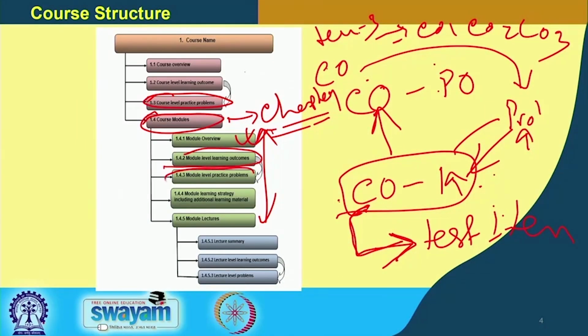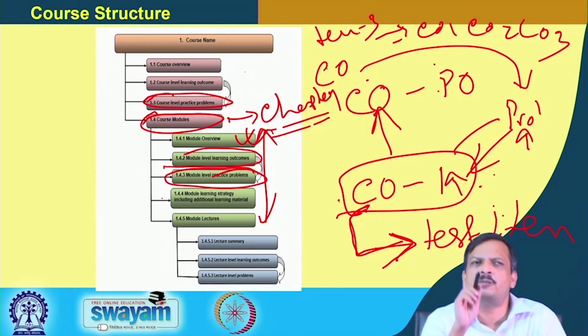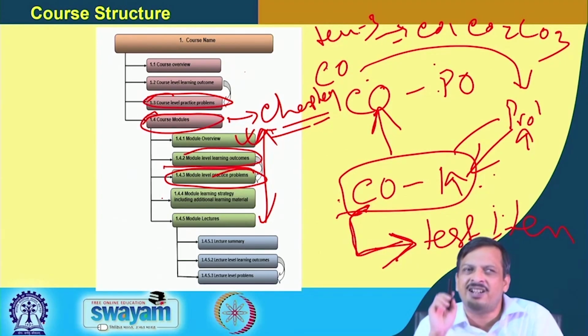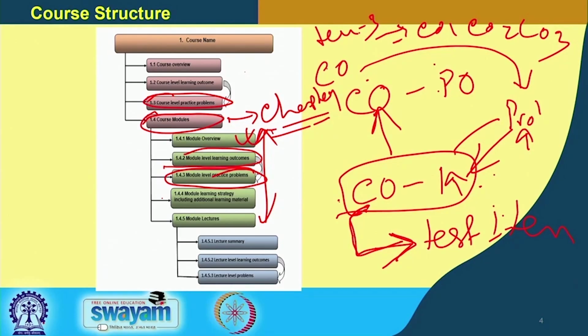Then module level practice problem. When you write an outcome, there must be an associated problem by which a learner can test whether he or she achieved the targets or not. Module outcomes are the target, problems are the testing element by which the learner can say, I have attained the outcome.